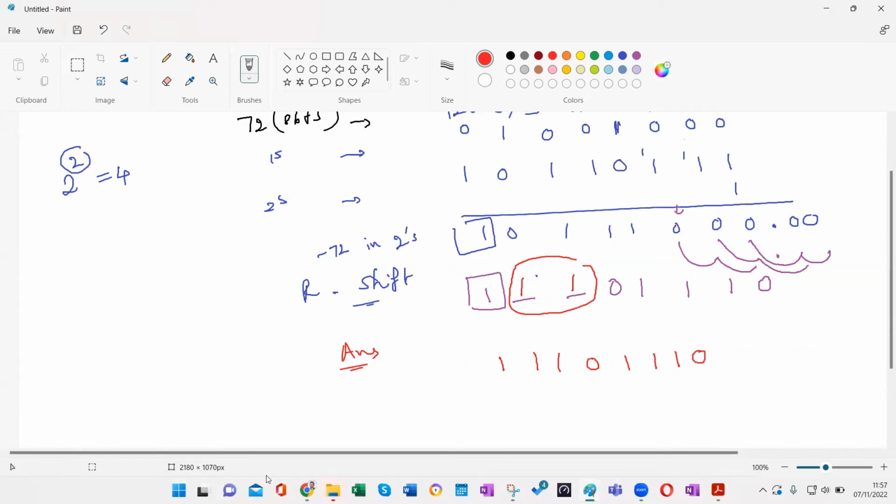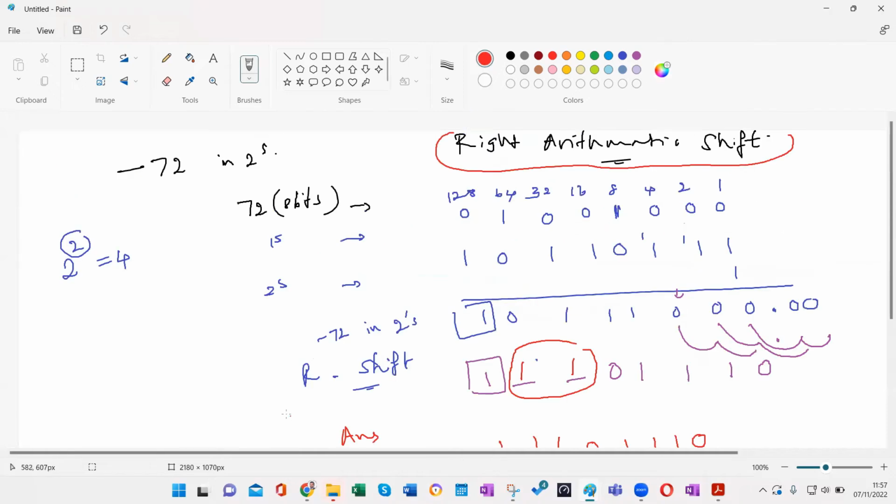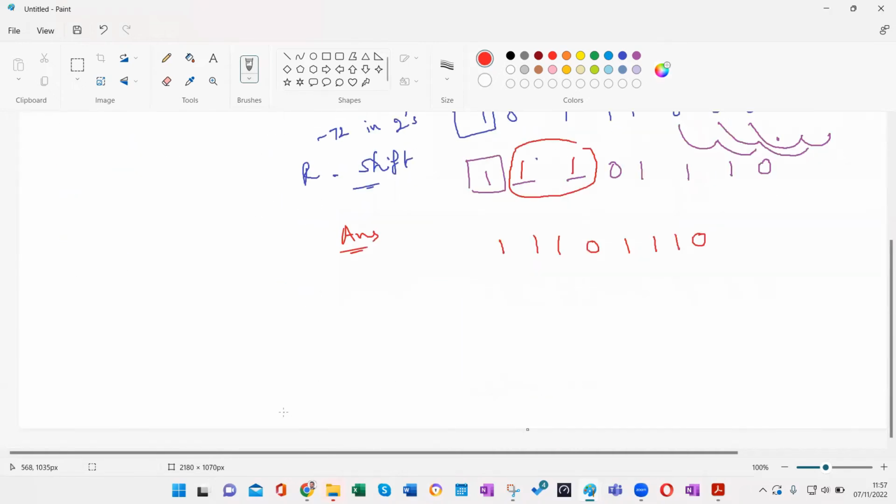Okay, let's see whether this is correct. If this is correct, we should get minus 18. So let's check. This is supposed to be minus 128. The rest we take as positive values.